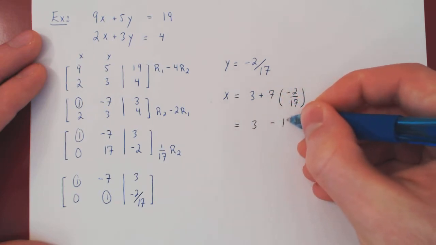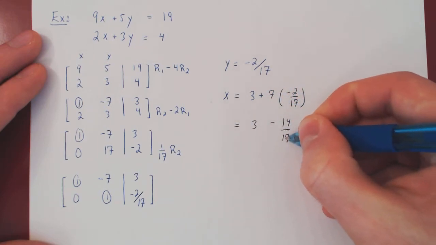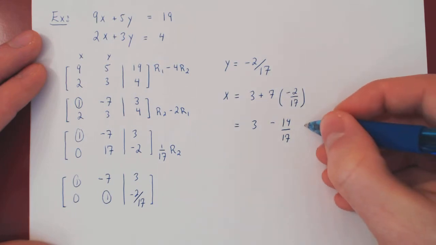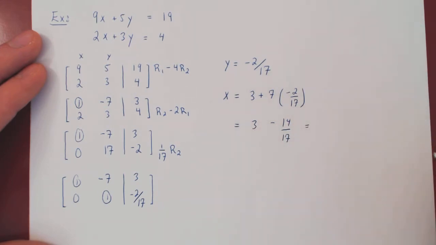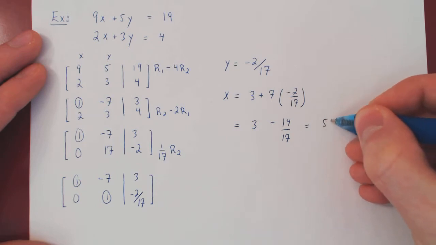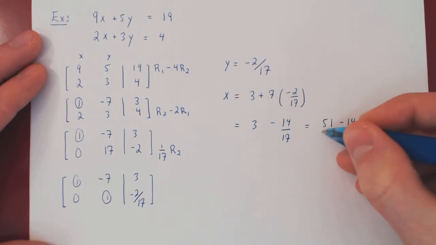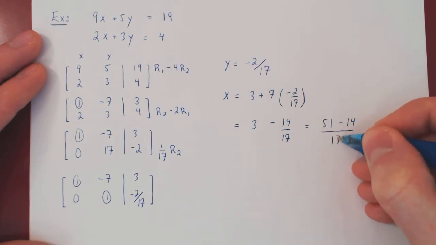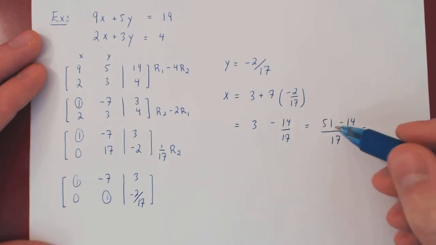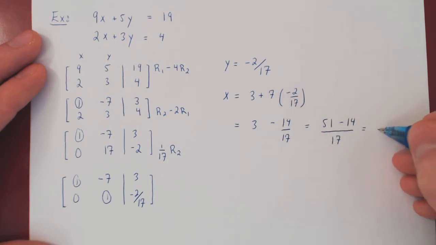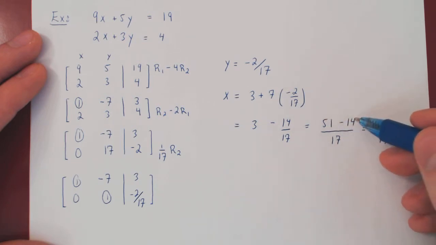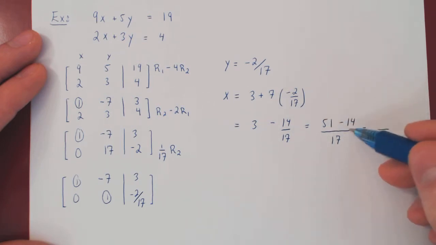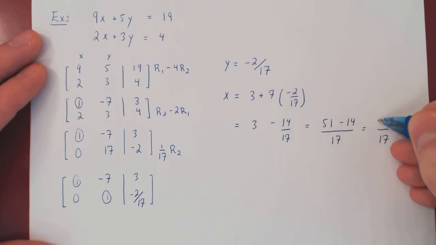So 3 minus 14 over 17, common denominator, 3 times 17 is 51. 51 minus 14, subtract 10, you get 41, minus 4, you get 37.